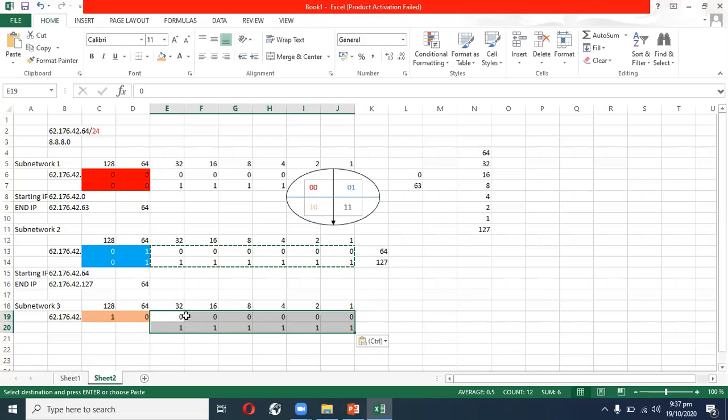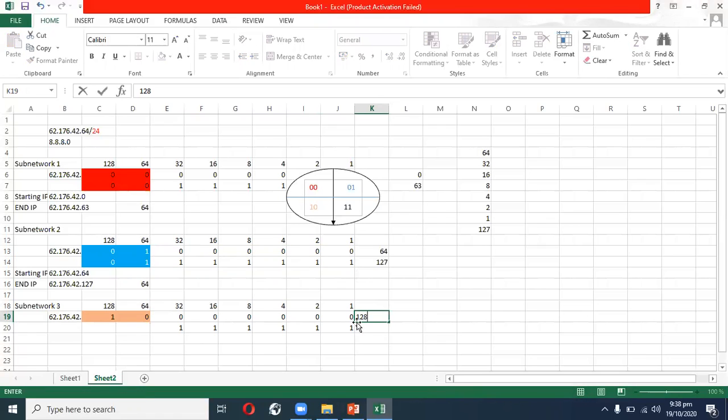So 128 is 1 and the rest are all zeros, so we get 128. This is our starting IP for the third subnetwork. For the end IP, except for the 64, the rest are the same, so we remove this and add 128. We get 191.